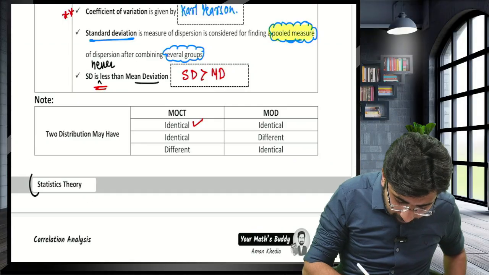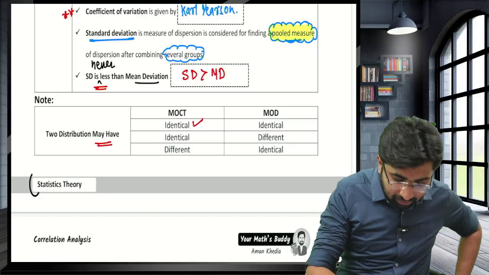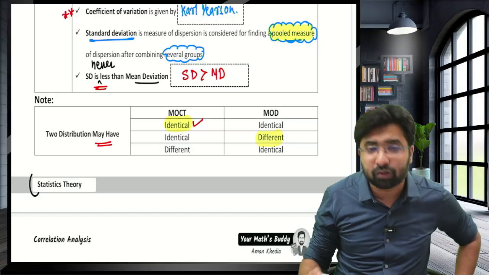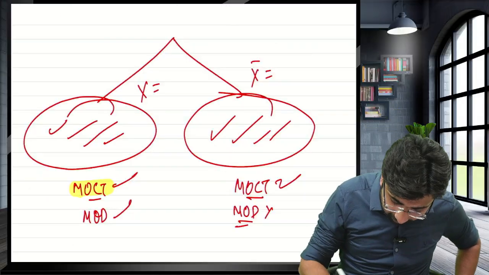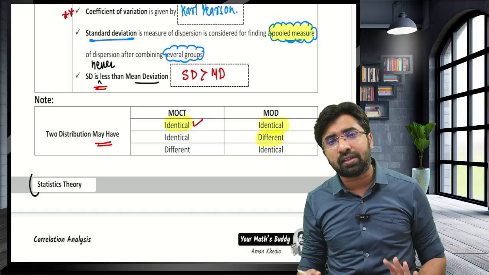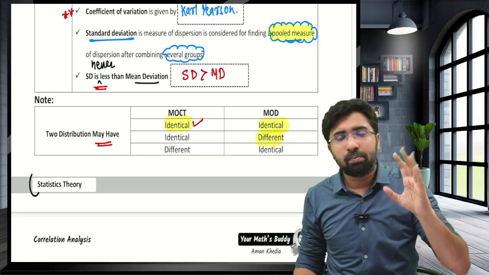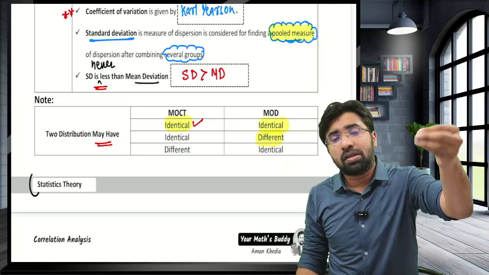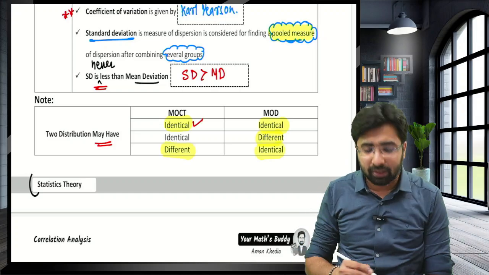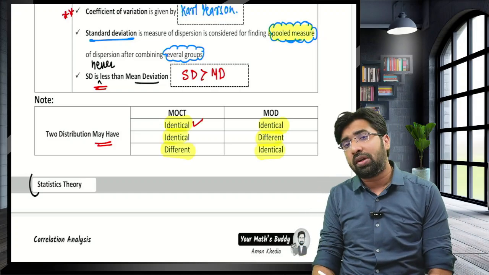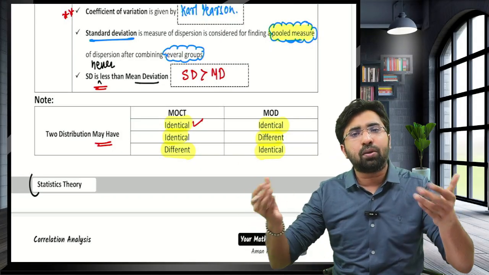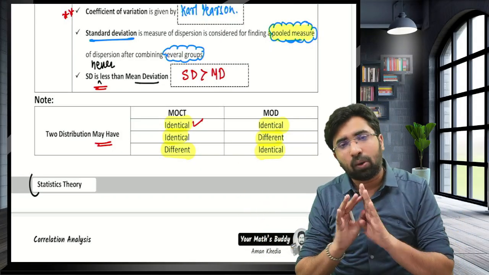So if you have two distributions with the same measure of central tendency, they can have different measures of dispersion. It is also possible that they have the same measure of central tendency and the same measure of dispersion. It is also possible that the measures of dispersion are the same but the measures of central tendency are different. So all the possibilities are there: both can be the same, one can be different and one the same. All these things are possible.